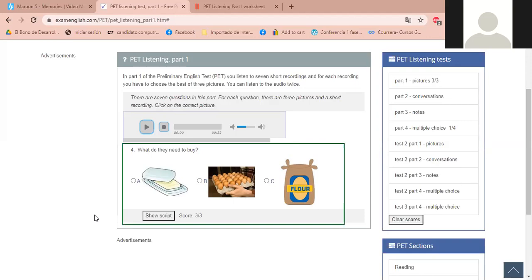Teacher, ¿cómo se pronuncia? Butter. ¿Cómo se pronuncia este elemento de letter A? Sería butter, la mantequilla. Ajá. Say the butter.